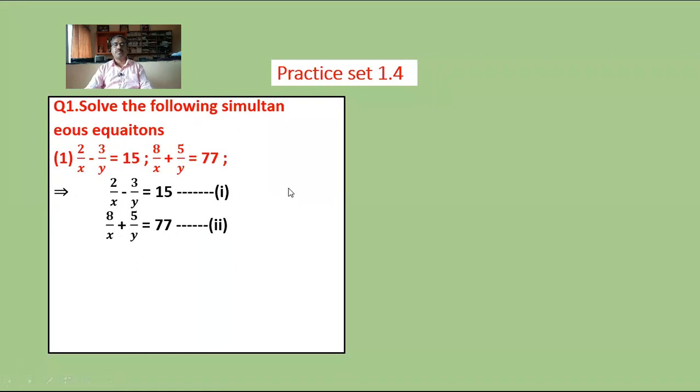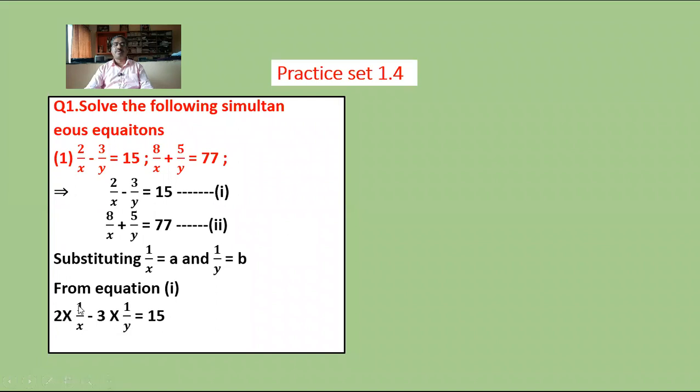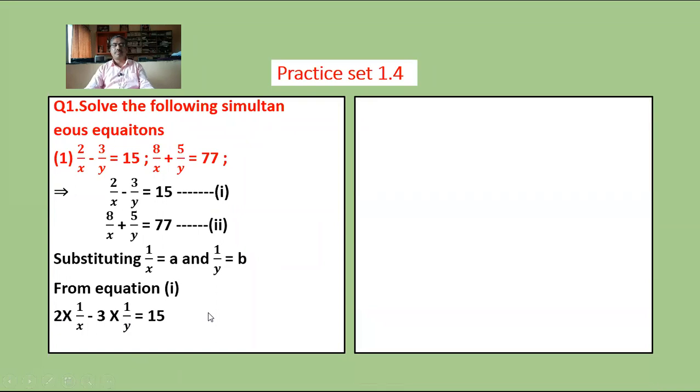Equation number 2. From equations 1 and 2, observe the variables are in the denominator. Substitute, or we have to consider, 1 upon x is equal to a and 1 upon y is equal to b in equations 1 and 2. Therefore, from equation 1, 2 multiply 1 upon x minus 3 multiply 1 upon y is equal to 15, so 2 multiply a minus 3b is equal to 15.